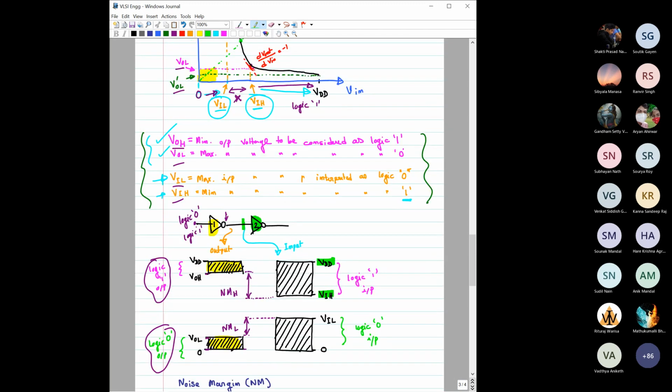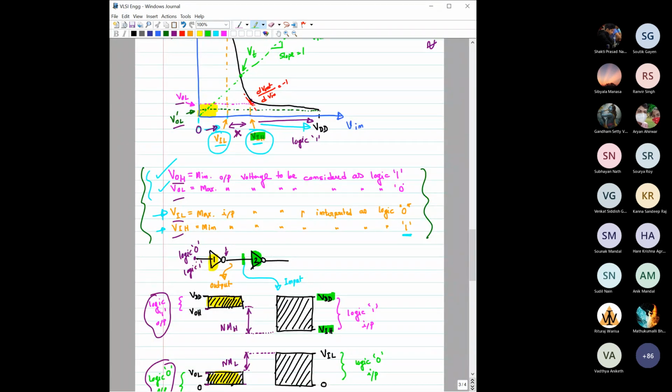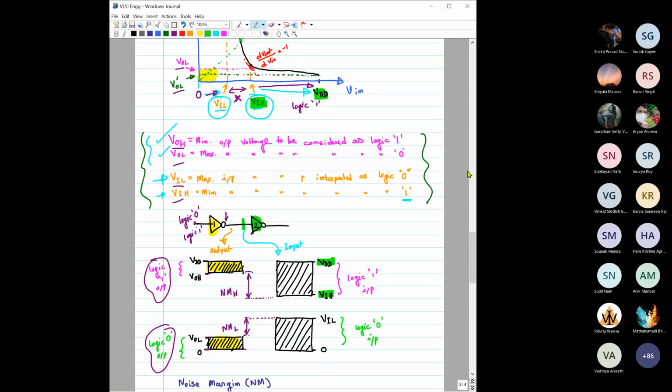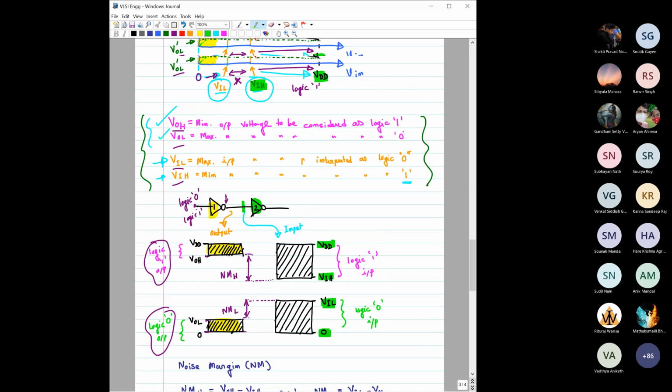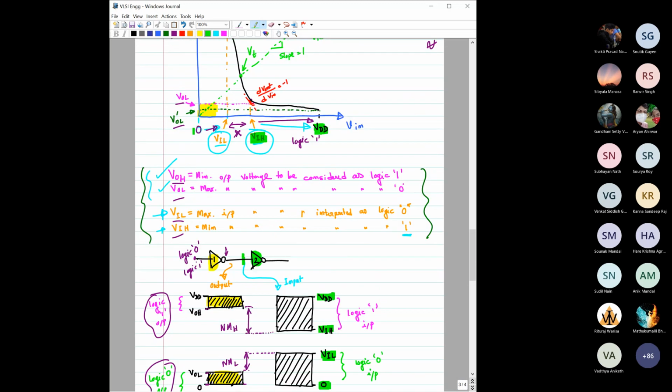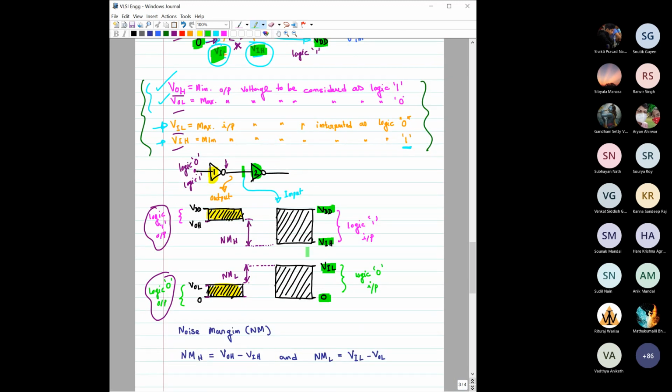So it is from VIH till VDD. If it is logic 0, then it can be from 0 to VIL. That we have also seen from here. So we get a band on this input side like this.